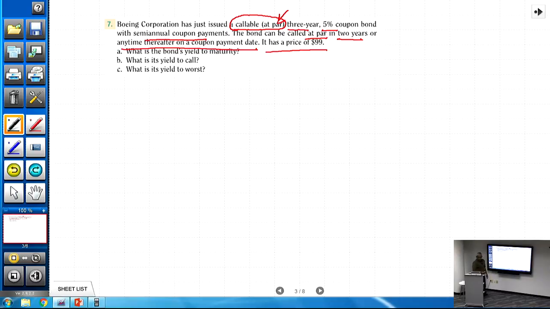So this is somewhat like the bond problems that we have done before. The first thing I have to calculate is my coupon, which is equal to my payment. The coupon is 5%. It's a 5% coupon bond. So 5% of 100, assuming that the bond has a par value of 100.